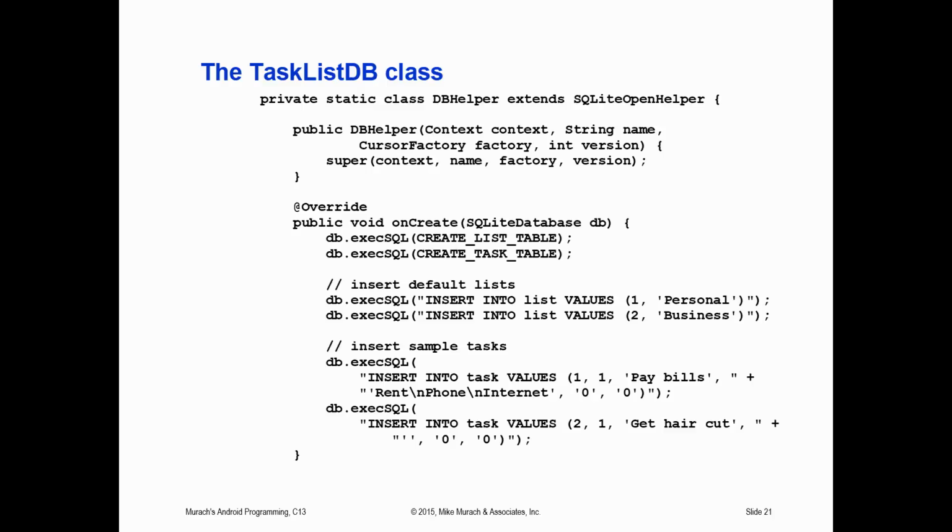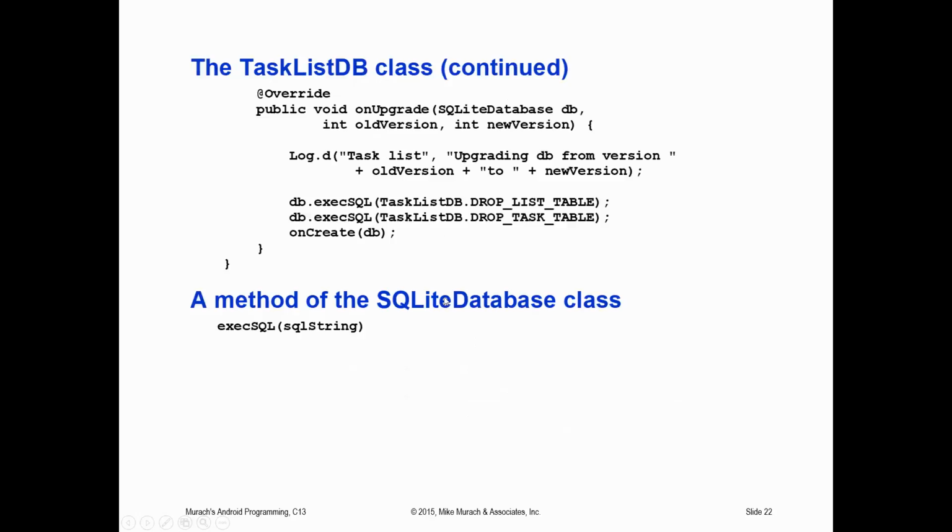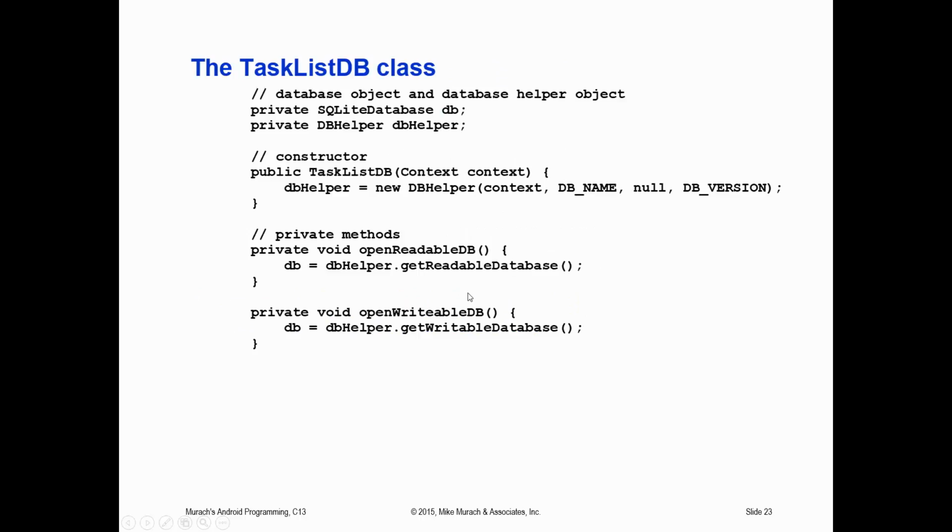There's also, and you can see it in here, an exec SQL method that's available, and what that does is it executes SQL statements. Much of the work that's done with this is done in a very similar way in other programming languages as well.